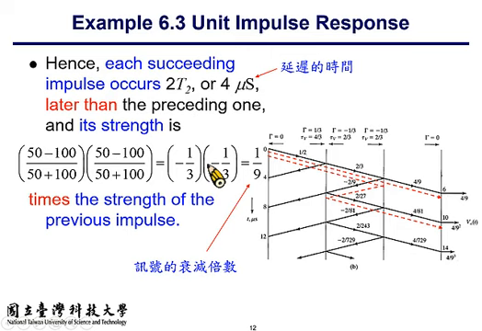How about the third one? The third one will need another 4 microseconds to reach the right-hand side because the 2 additional propagation delays should be accounted for in the third term. And for the 2 terms, you will accumulate another 2 reflections. That is -1/3 times -1/3.